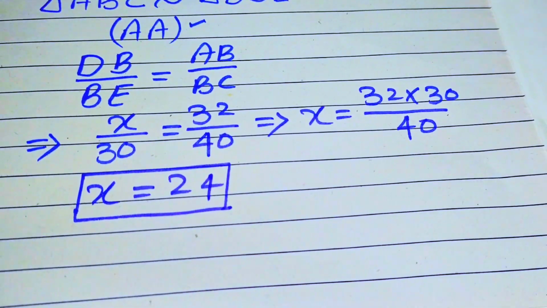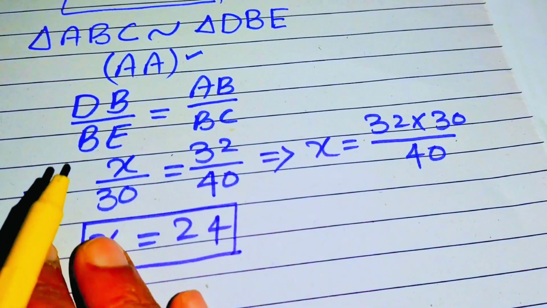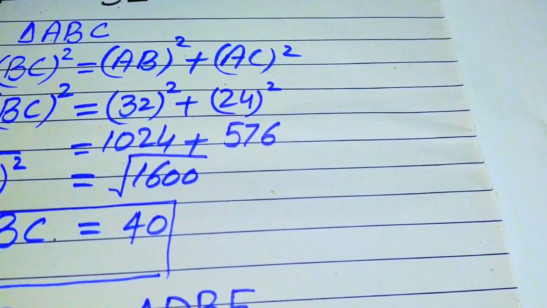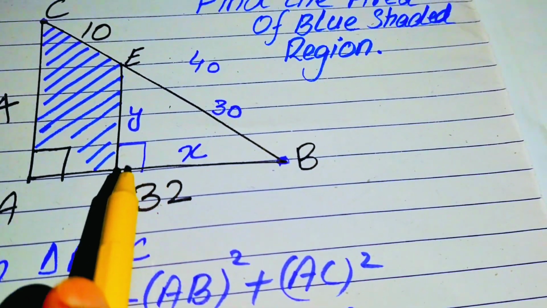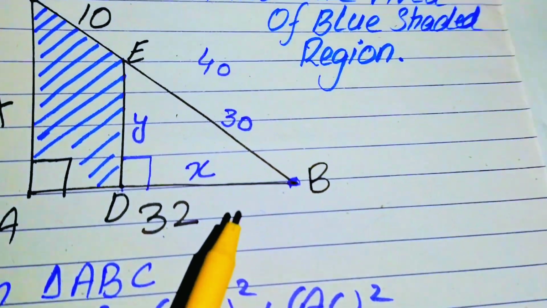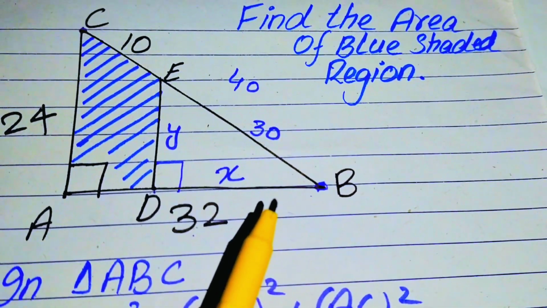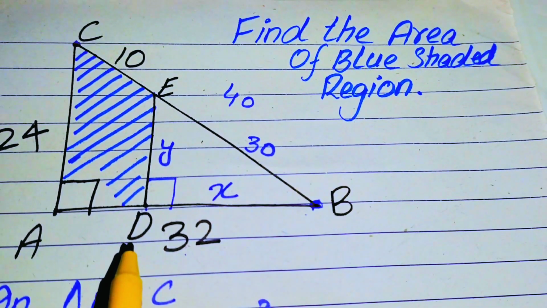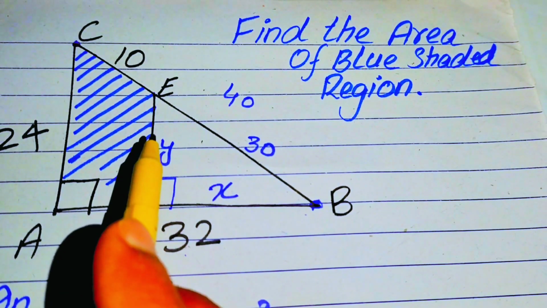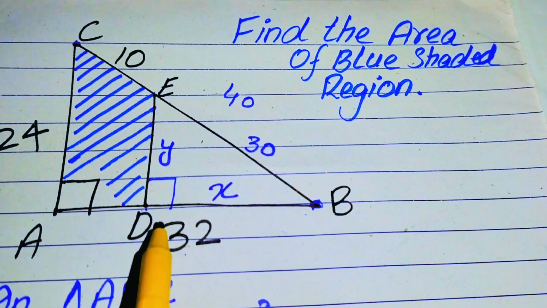And now we use another pair of equal ratios. We equate the side DE divided by DB.